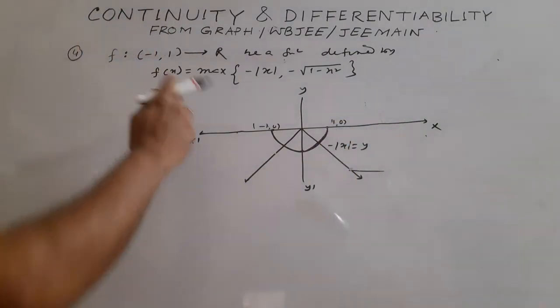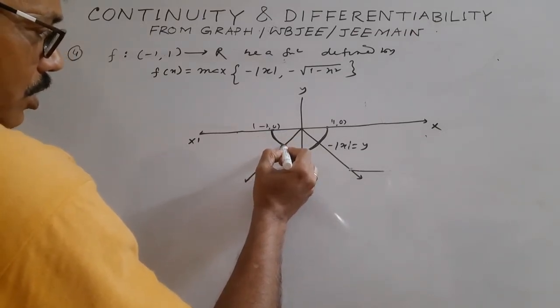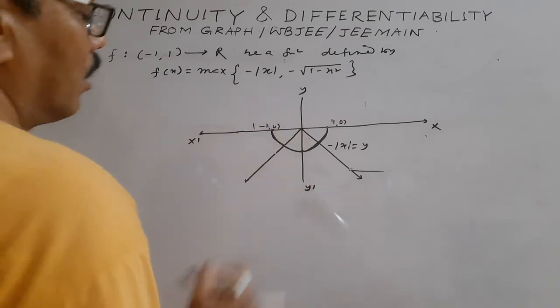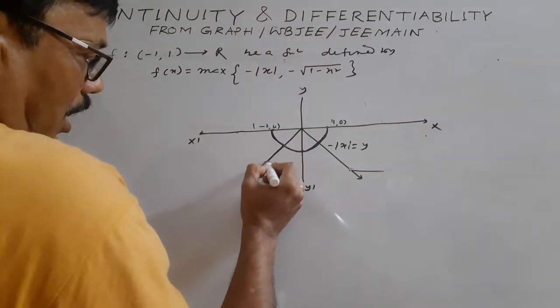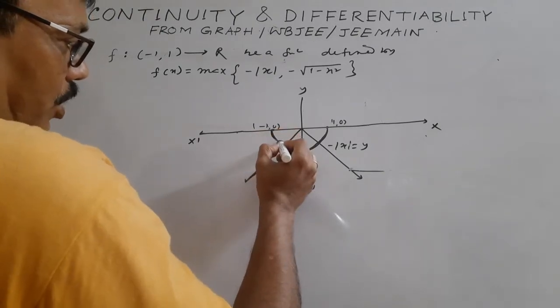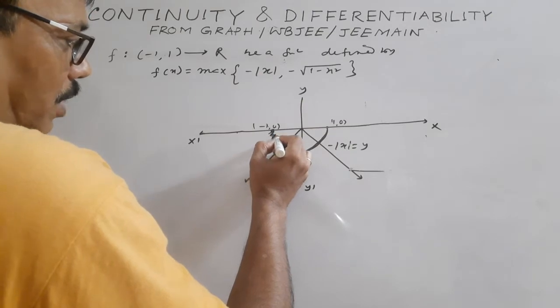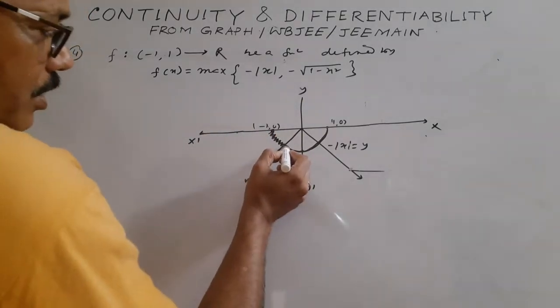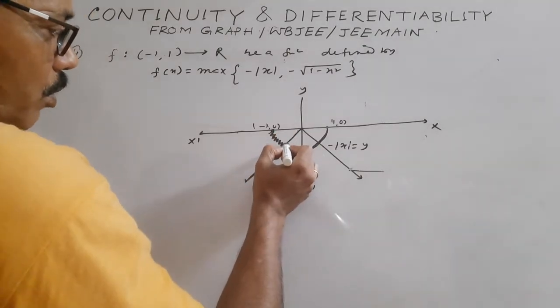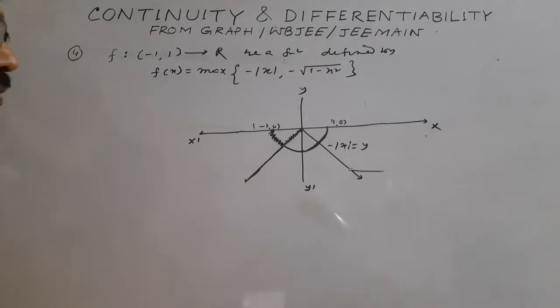Now we take the maximum of this curve and this curve. What is the maximum value? The maximum is the upper part. Then the graph is this part and this part. So what is the maximum part? This one, so this part is cancelled out.